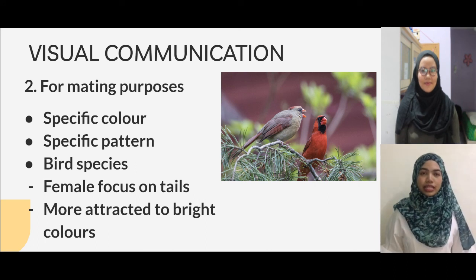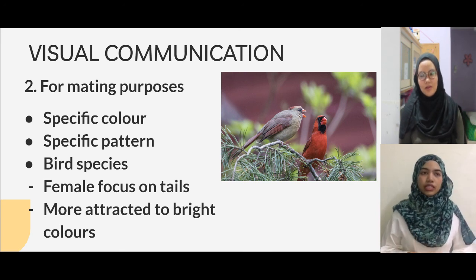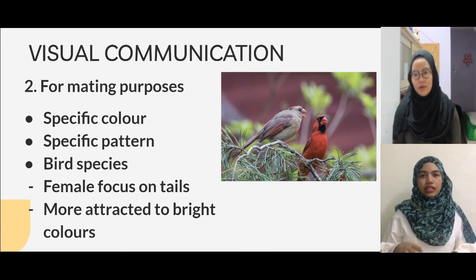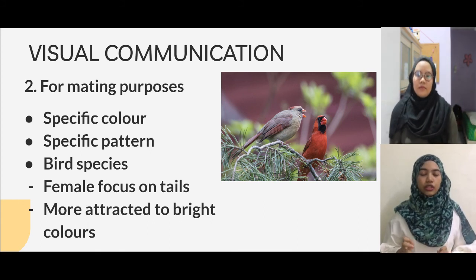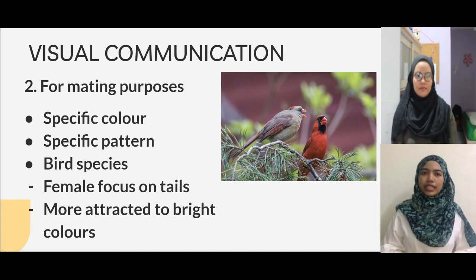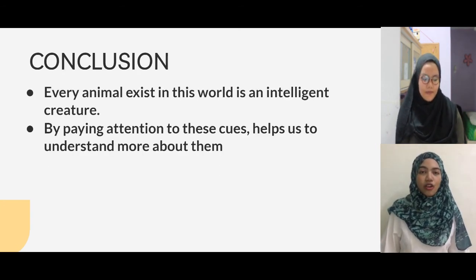For instance, in bird species such as parrots, the female tends to focus on the male's tail, and if the male has a bright color combination of tail, it is more likely to be chosen as a mating partner.